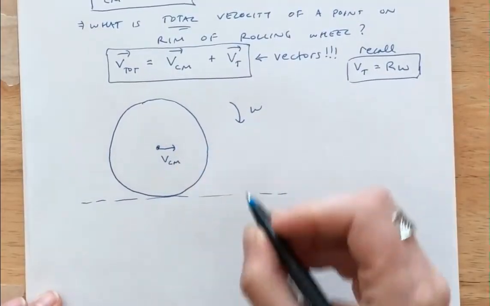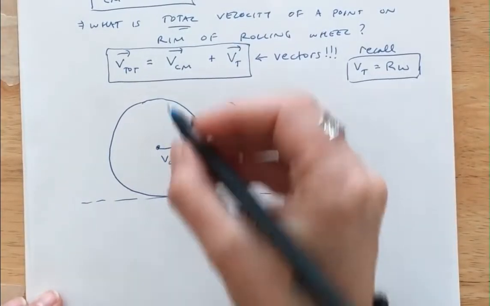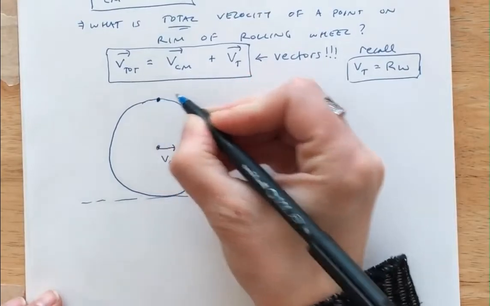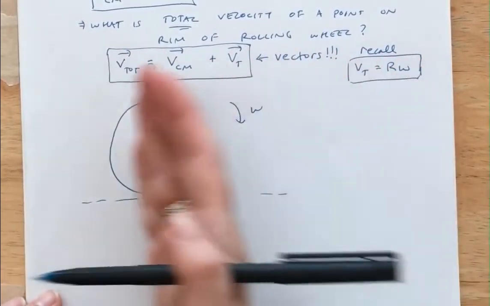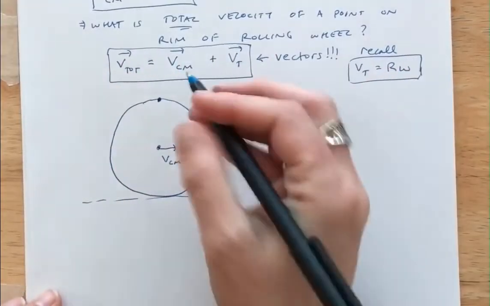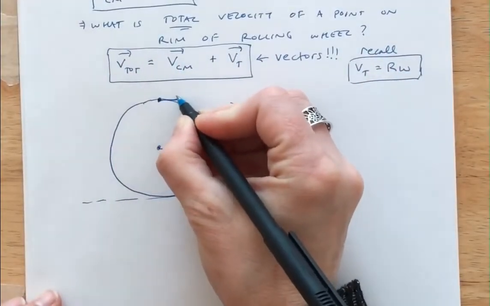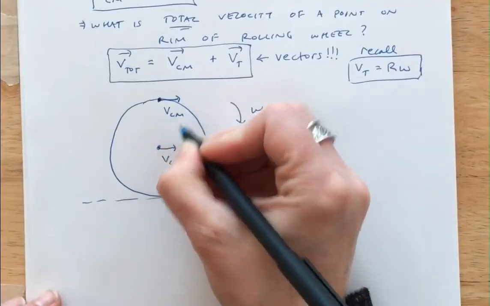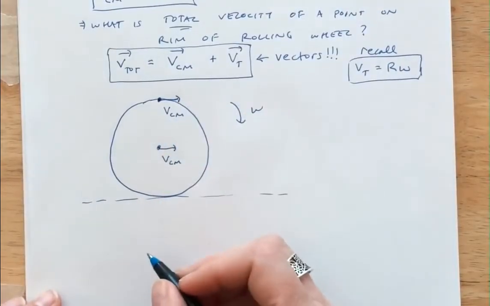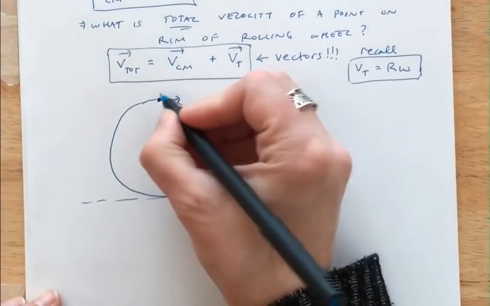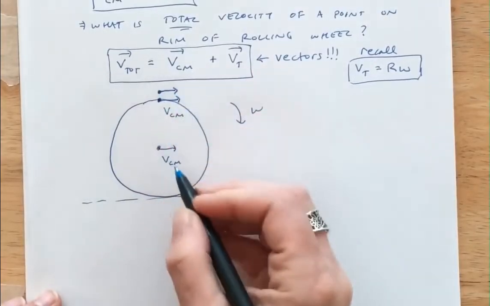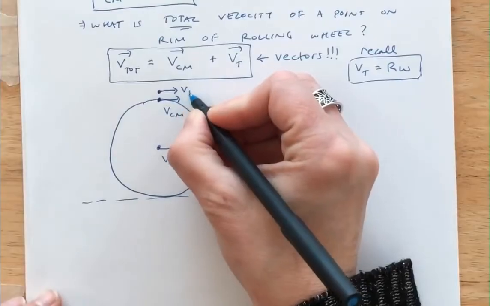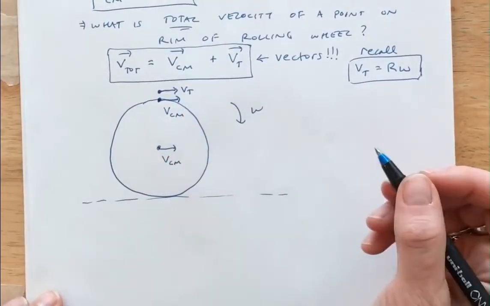We'd watch it move in space. But let's say that we were watching the point at the top up here. At the top, every single point on this wheel has a v sub cm, the motion of the center of mass. So it would have v sub cm equal to the motion of the center of mass, plus its tangential velocity at this point, which is just going to be tangent to the circle, so v sub t.